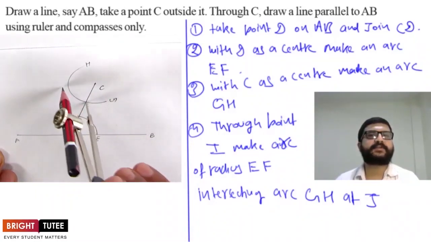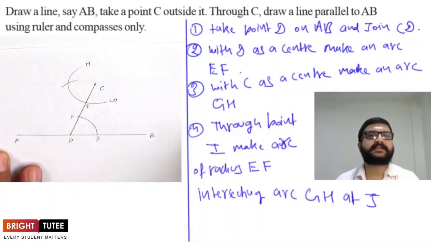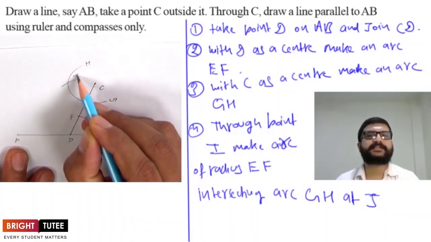Now let's say this point of intersection is point J. This is the point J here.